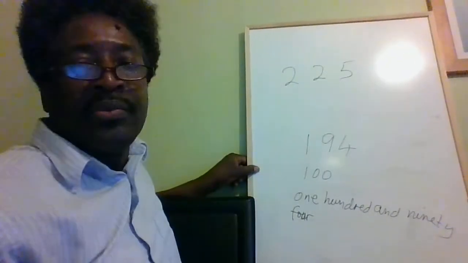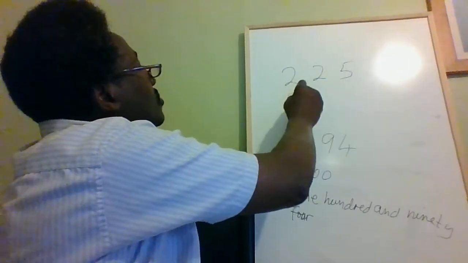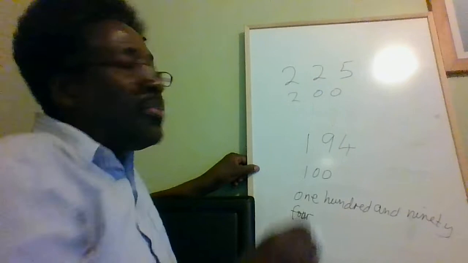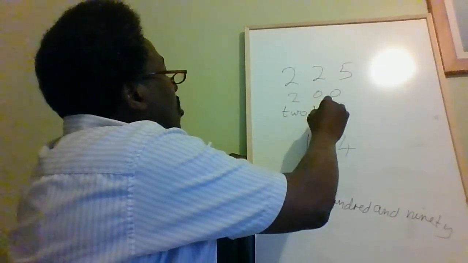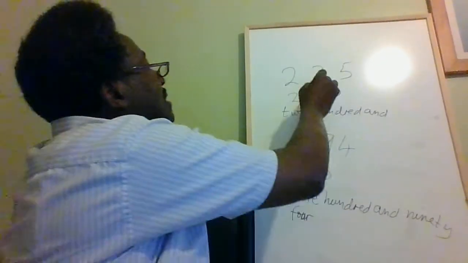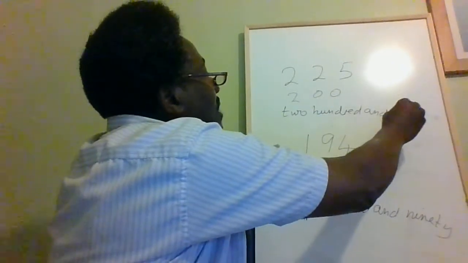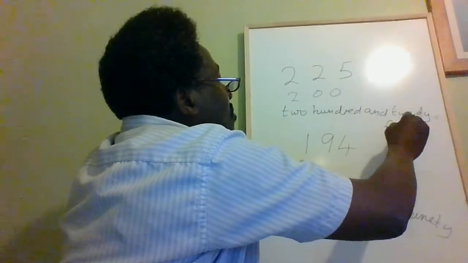Another example, 225. If you make these 2 and 5 zeros, you have 200. So you start off by saying 200 and, don't forget the and, 25. So you write 25. 225.